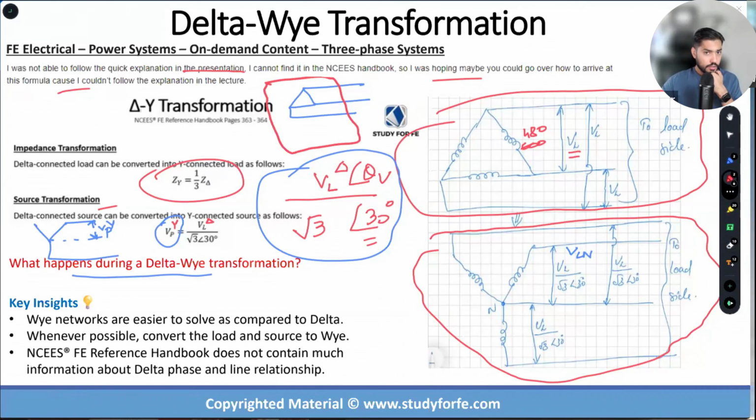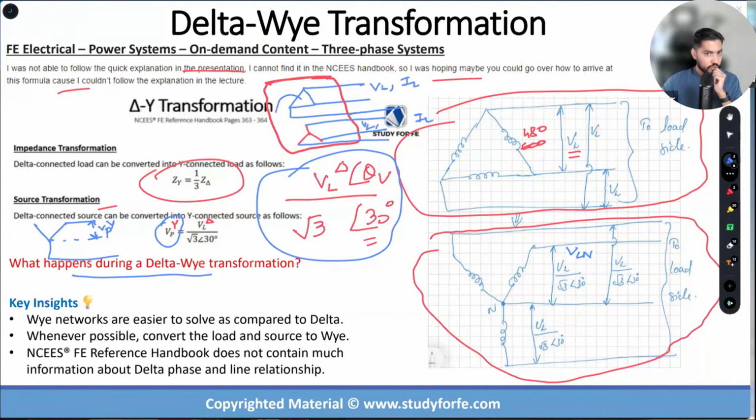Outside this black box, I just have these lines that are sticking out, correct? Now, within this black box, if I convert this into a Y, because it makes my calculations easier, as long as the line voltage and the line current are not changing, I don't care, right?